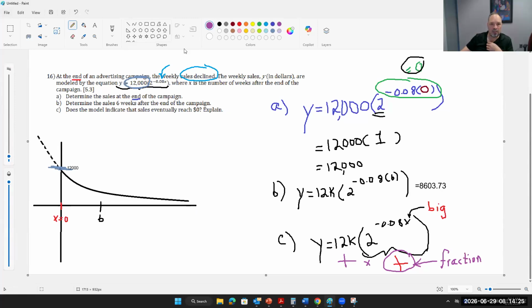Basically, what I'm trying to say is that this function continues to stay above the x-axis. So it never reaches 0. It never crosses the x-axis. Don't ever expect this to go below. That's never going to happen. So it'll never reach 0. So that answers that question.